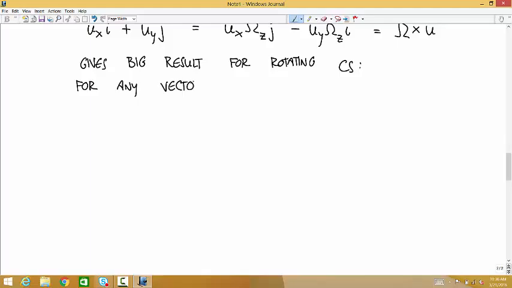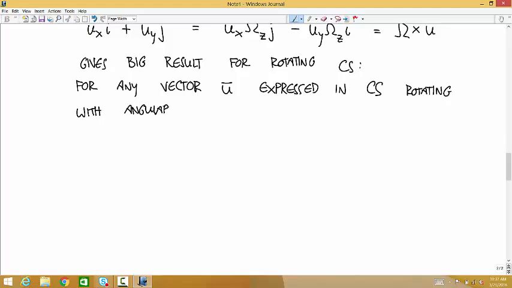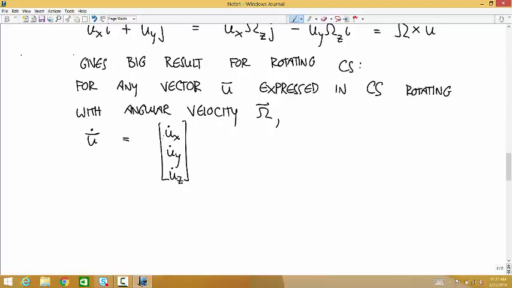For any vector u expressed in a coordinate system rotating with an angular velocity, capital Omega, the time derivative of u is equal to the time derivatives of the components plus capital Omega cross u.